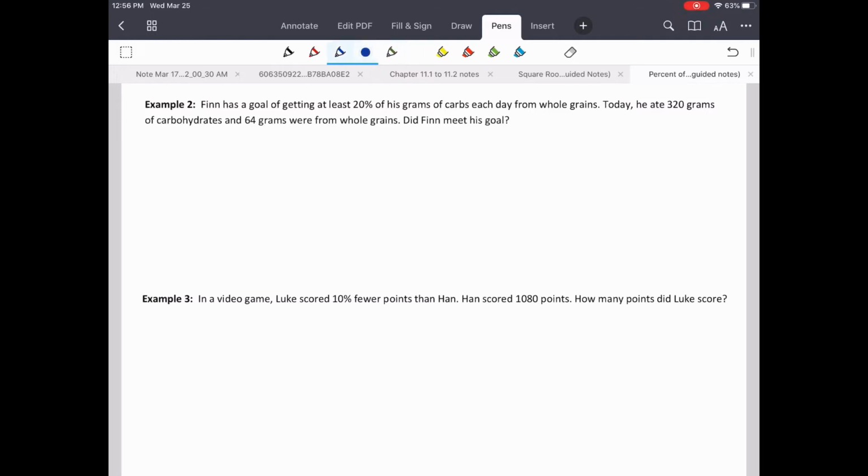And remember, the percent equation is, let's do it like this, percent times the base will equal the part, because that's the way I taught it to you. So the percent times the base equals the part. Like I said, this one doesn't really involve an increase or a decrease of percent. It's just what's the percent of the number.